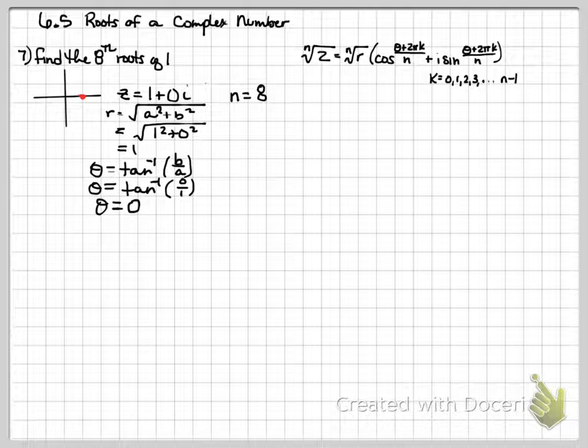And again, n is 8 because we're looking for the eighth roots. The only other variable we have is k, and this is where the changes come from. K is going to be the values starting at 0 to 1 less than our root. So we're looking for the eighth root, so 8 minus 1 is 7. So k is going to be from 0 to 7, and that's going to give us all of our roots.